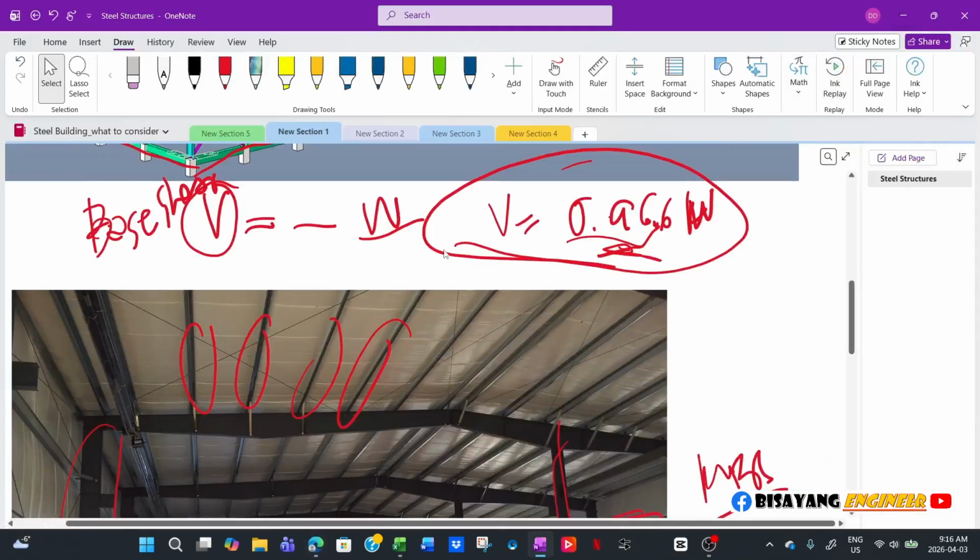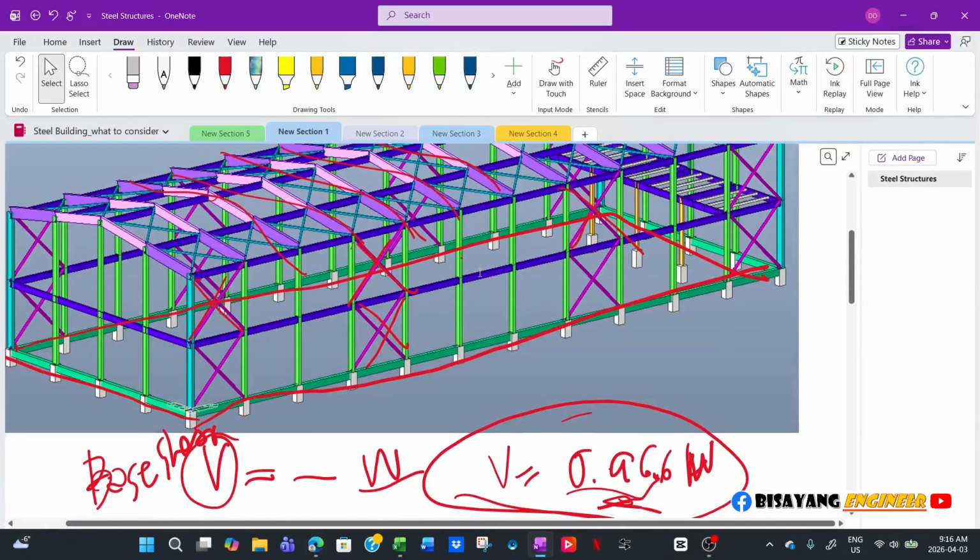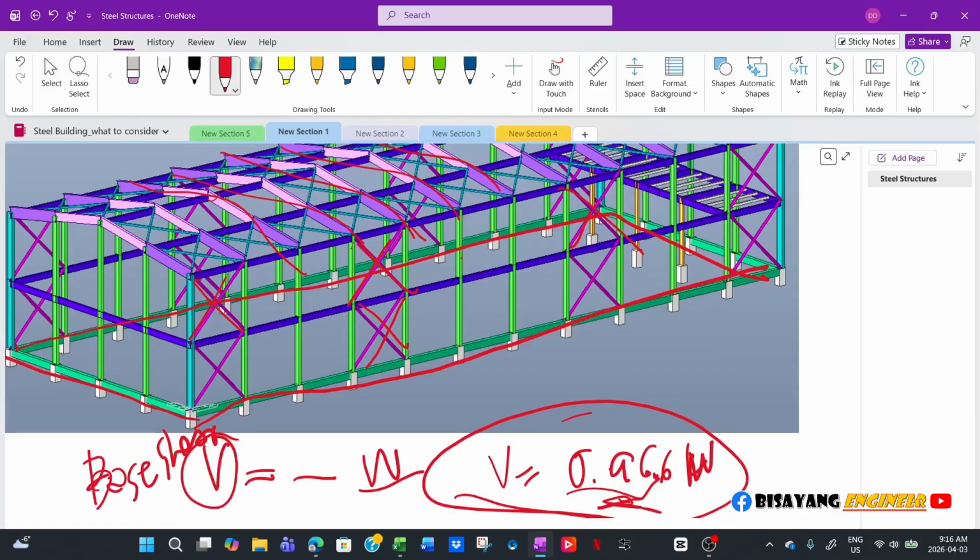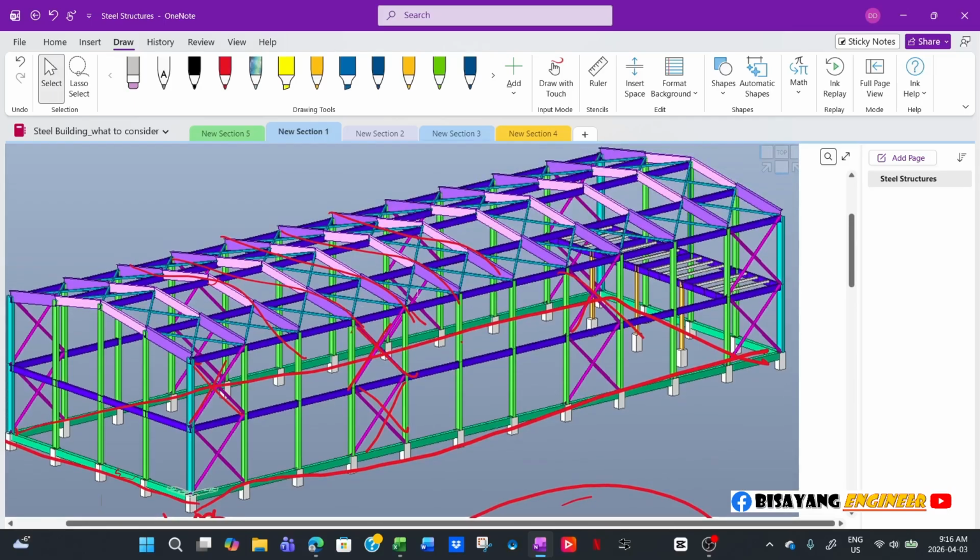So on this particular one, I asked him what are the kinds of vehicles that are expected to come in and out. He said, okay, just forklifts. So okay, just design this with forklifts, but what about the trucks that are bringing the equipment in? You have to consider all those things. So what I usually do, before I start the design, I ask the owner what are the expected heaviest trucks that are coming in and out.